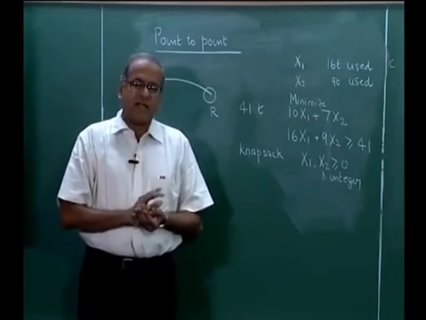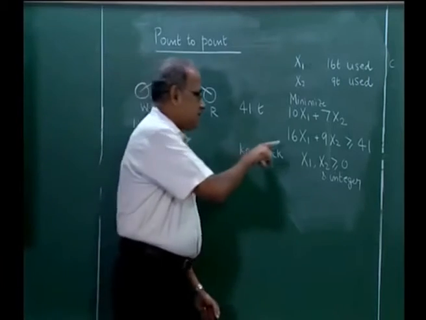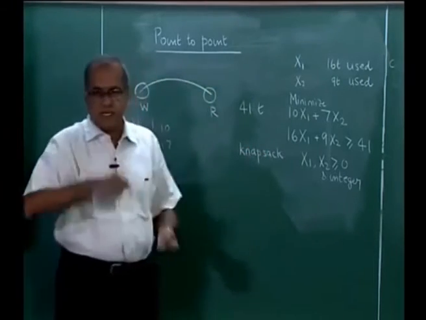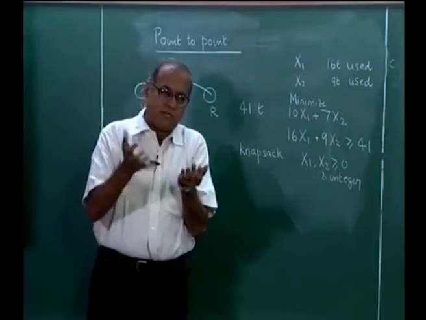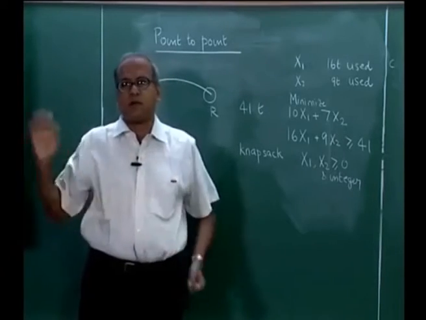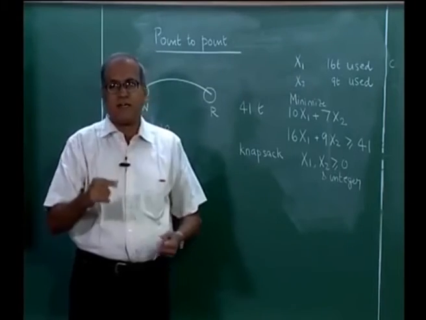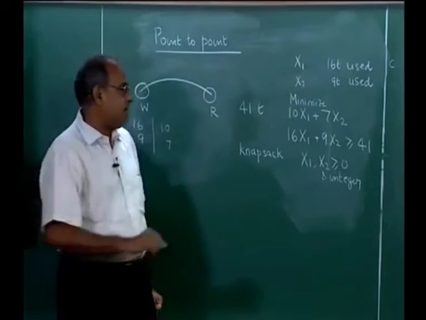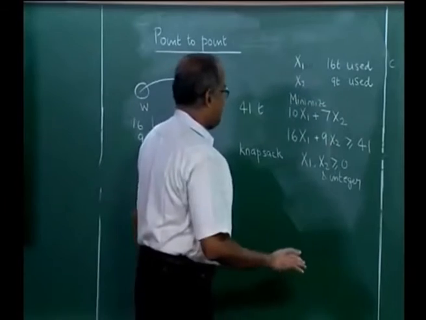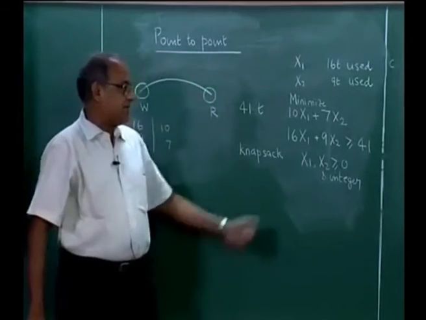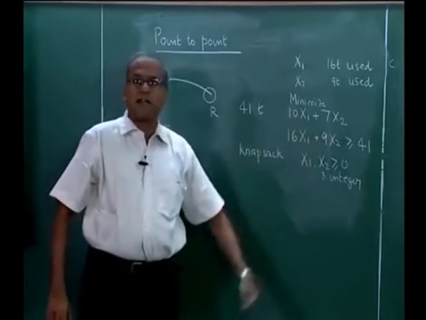If it is a volume constraint, this coefficient would represent the volume of each item, and the volume that we put in should be less than or equal to the volume available. So, it is a maximization problem with a single constraint of a less than or equal to type. This version of the knapsack is a minimization problem with a single constraint which is greater than or equal to type.